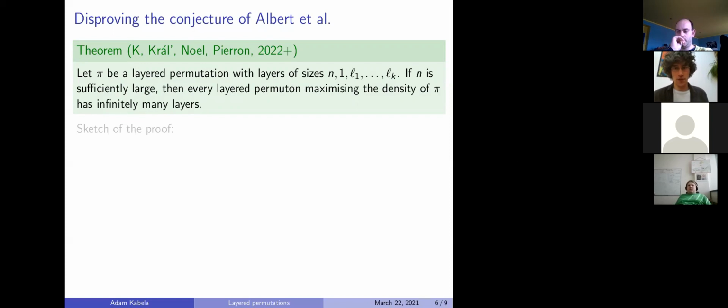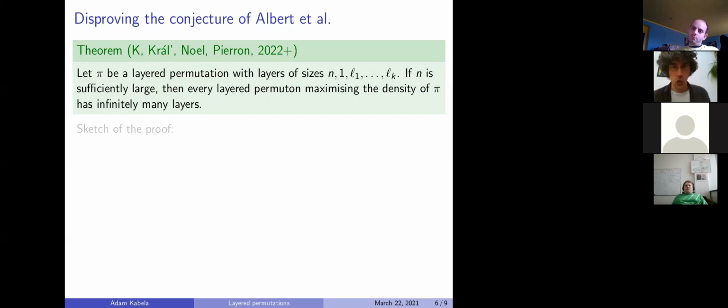So instead of talking permutations, we talk permutons, which is a limit object for a sequence of permutations. Similarly, as for a sequence of graphs, we have graphons. Similarly, for a sequence of permutations, we have permutons, right? So we talk permutons, and we can define layered permutons similarly as we define layered permutations.